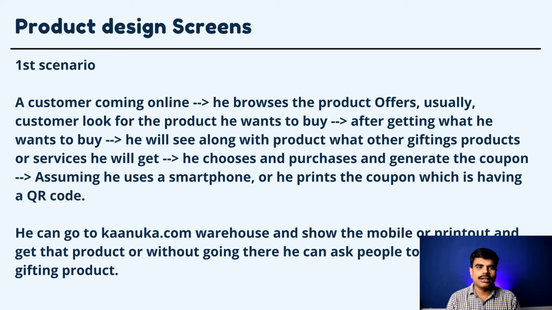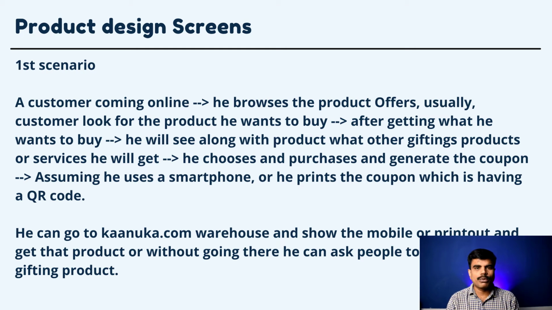See, you might think why we need to go all the way to the warehouse, and why we can't keep all the items in the retail outlet itself. Sometimes it's very difficult for the retail people to give the space for what they are giving as a free item or with the deep discounts. With this kind of warehouse model, they can keep all their bulk items in the warehouse itself, so that it will be easy for them to manage their retail outlet.